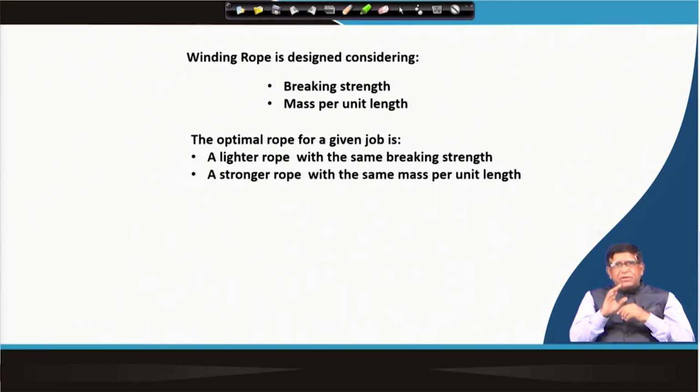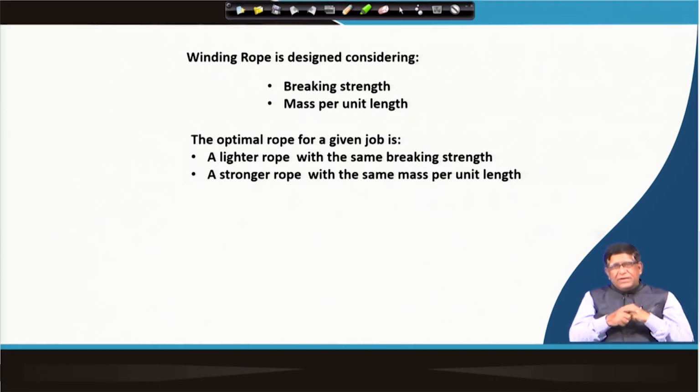So, as a design engineer, your objective will be to have a lighter rope, but even if it is lighter, its breaking strength cannot be sacrificed. That is the constraint: we have to have the breaking strength, but make the rope lighter.